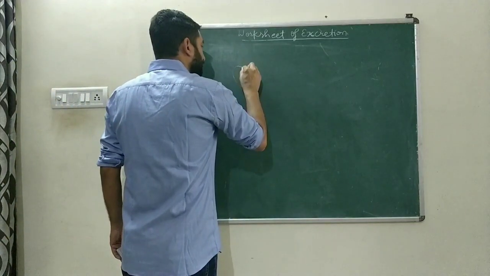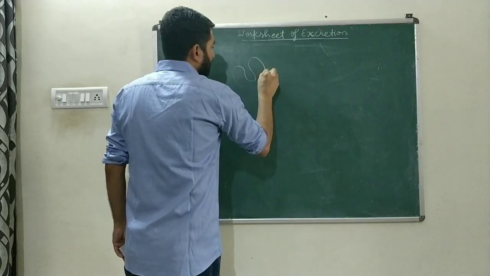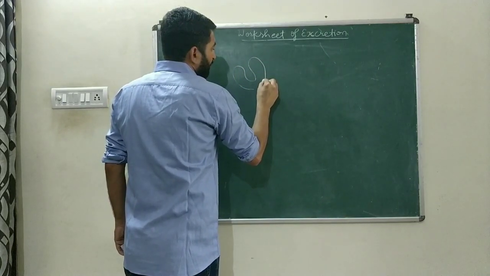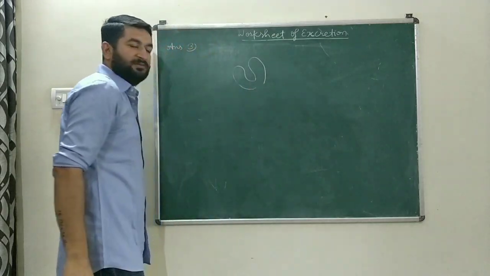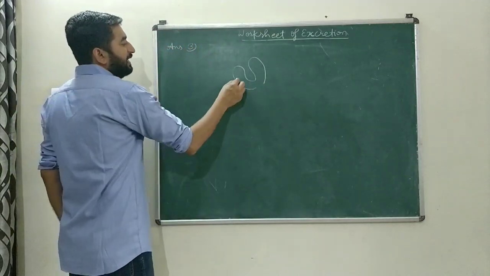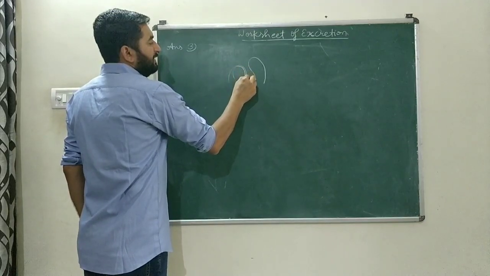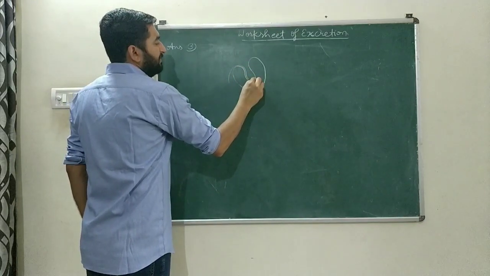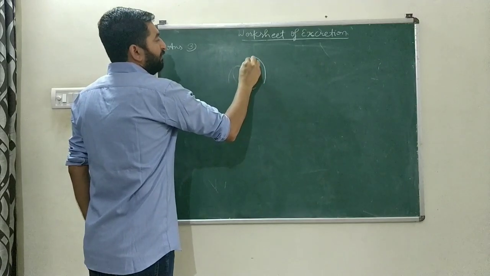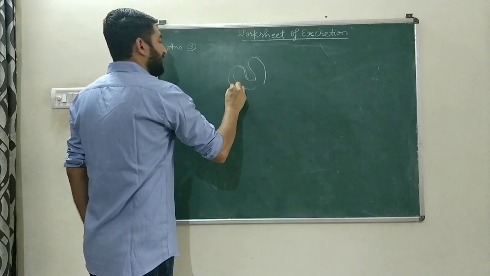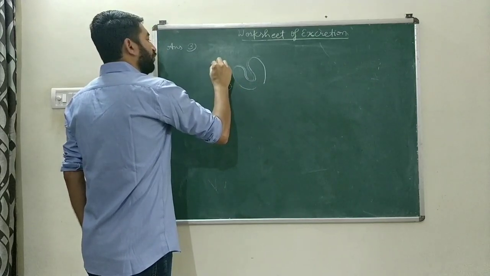As we all know, nephron is composed of 2 parts. One is Bowman's capsule and glomerulus. This cup-shaped structure is known as Bowman's capsule. In this Bowman's capsule, there is a capillary network formed by an arteriole. That arteriole is known as afferent arteriole.